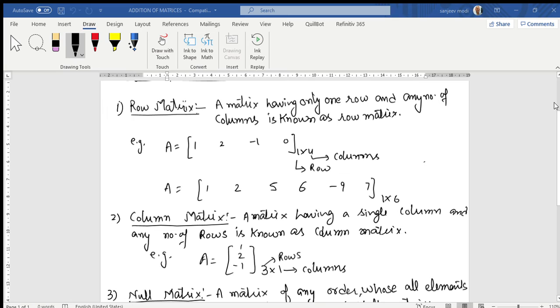Now we shall move to another type of matrix, that is unit matrix, or sometimes it is known as identity matrix.